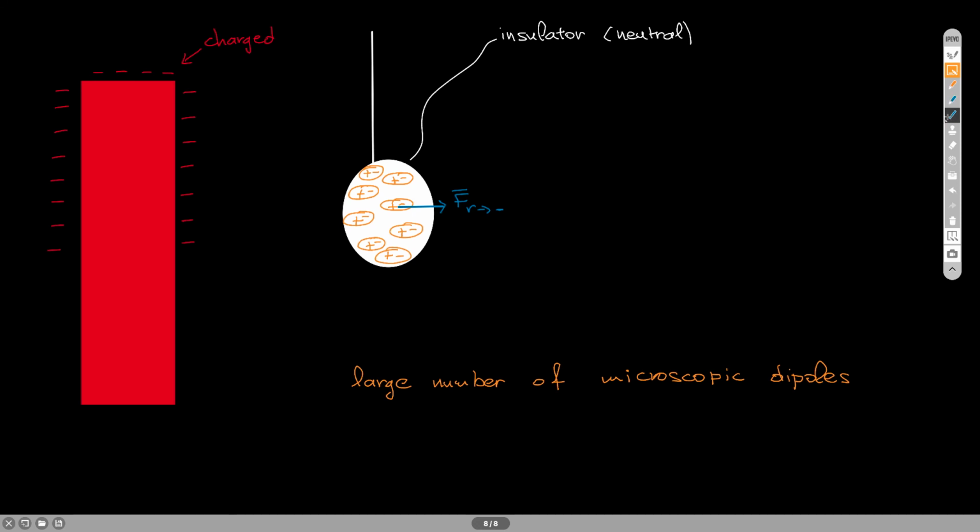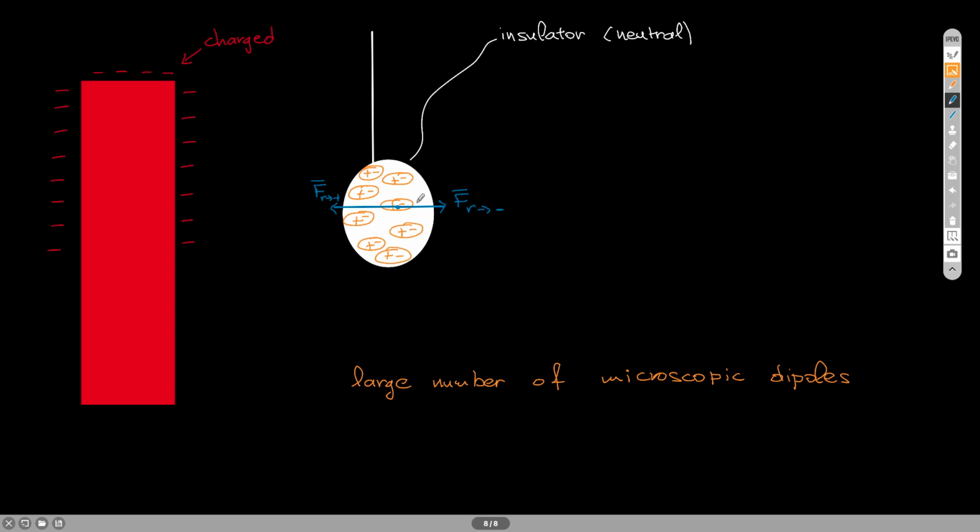I do know that the excess electrons of the charged rod will attract the positive side of the dipole, and because the positive side of the dipole is closer to the rod than the negative side of the dipole is, this attractive force will be stronger. This is the center of the dipole.